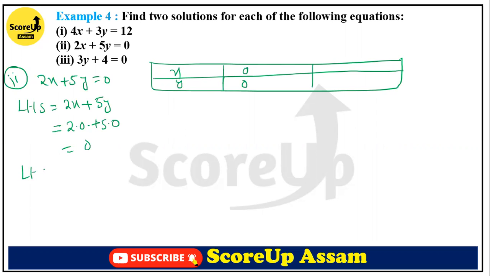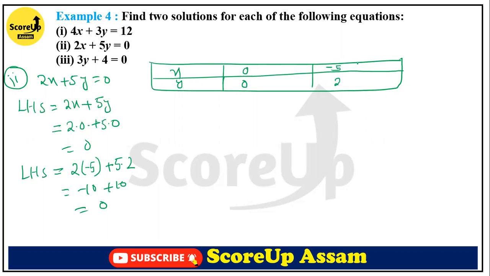So what if x is minus 5 and y is 2? So it will be minus 10 plus 10, so ultimately it will be 0, equal to the right hand side, right? So x is minus 5 and y is 2. This is one solution.